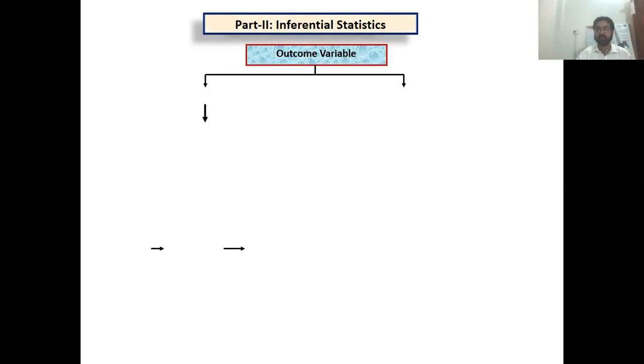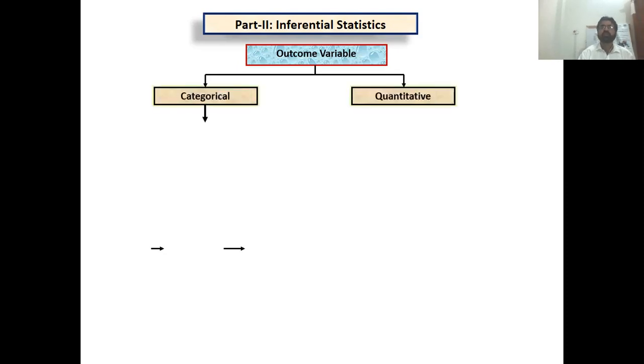So if your outcome variable is categorical, and you have two or more groups, you have to apply the chi-square test for categorical variables, and the chi-square test tells you whether there is an association between the two categorical nominal variables or not.